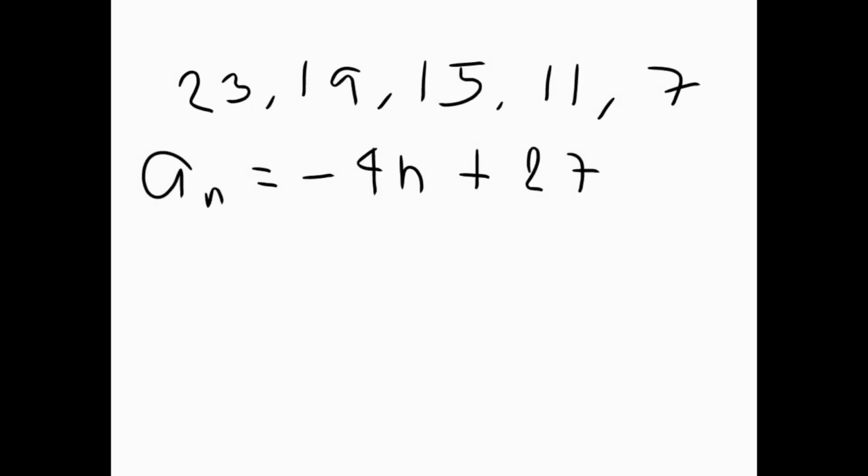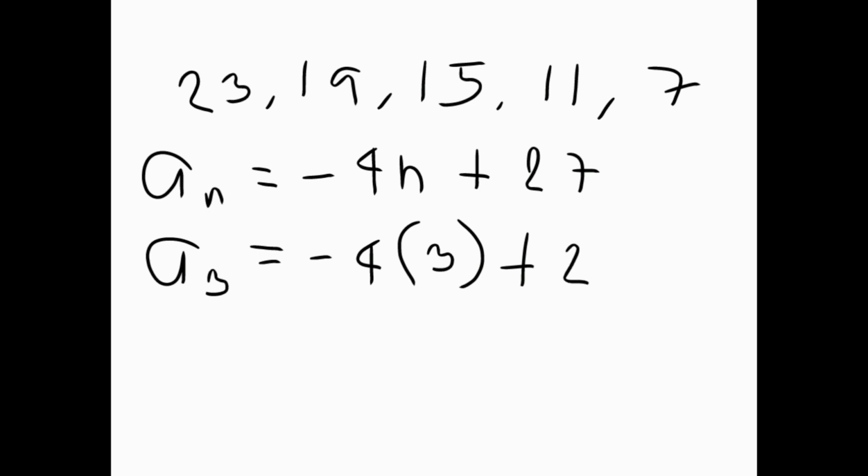Okay, so to check if our formula is correct, let's say we're going to determine the third term. We're going to substitute n by 3, signifying we're going to get the third term. So negative 4, the value of n here is 3 since we want to determine the third term, plus 27.